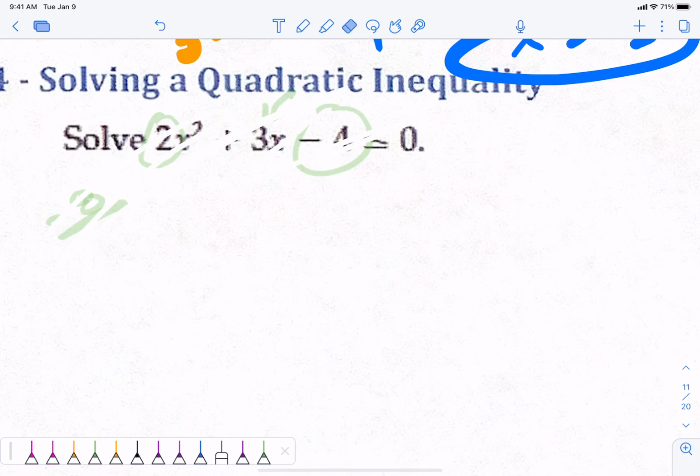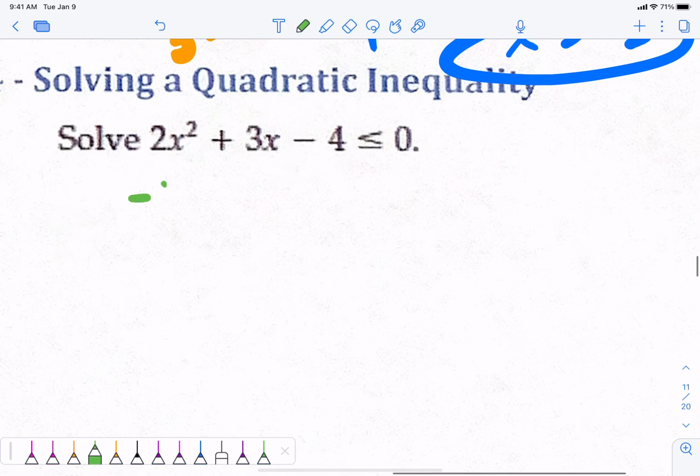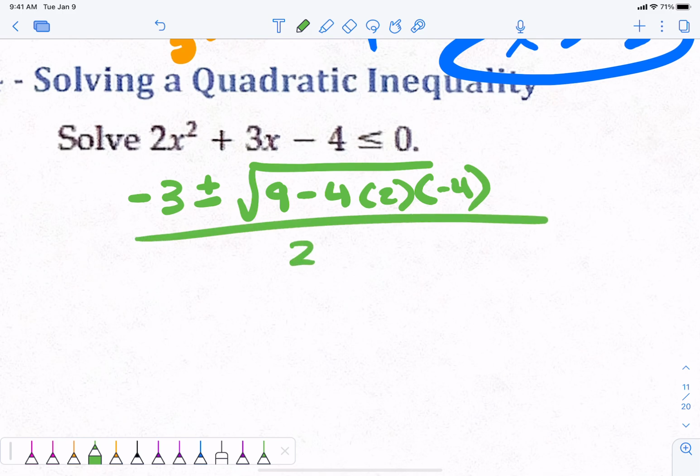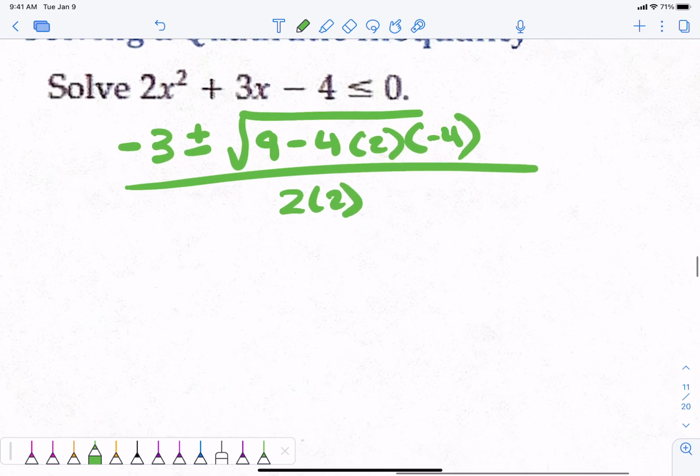Quadratic formula. Negative b plus and minus the square root of b squared minus 4ac, all over 2a. We're going to solve this all the way out, and we're going to get 2 decimal numbers.